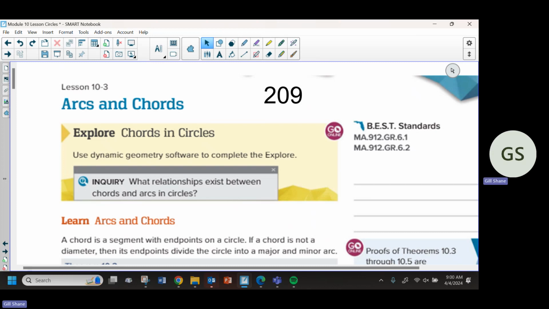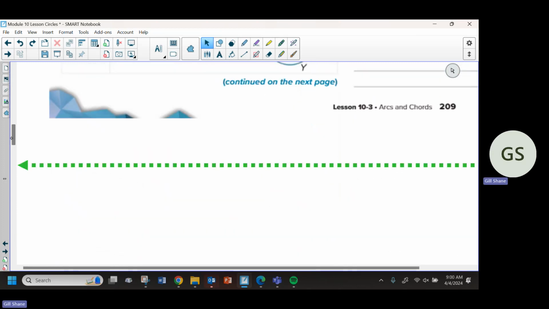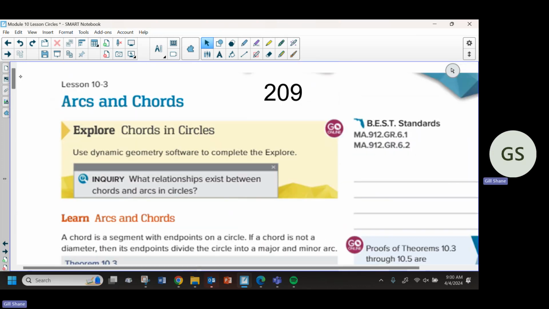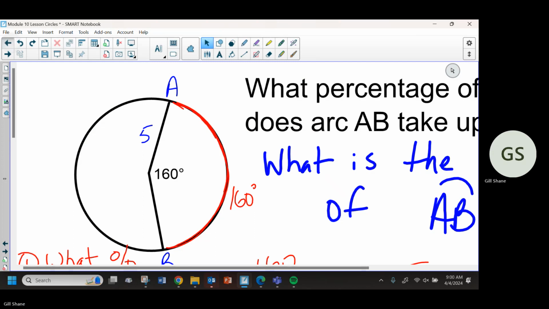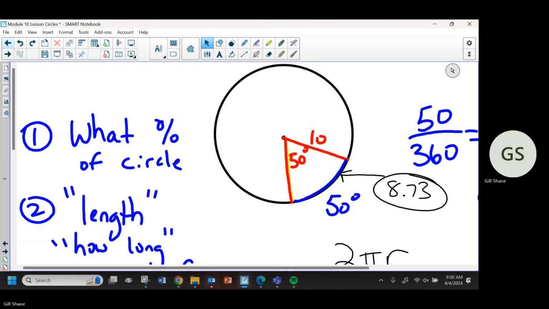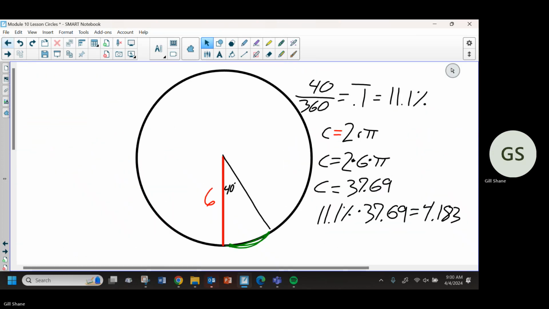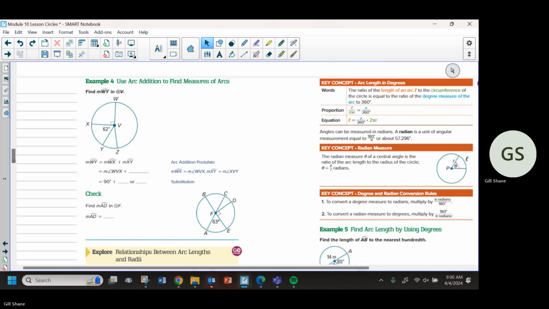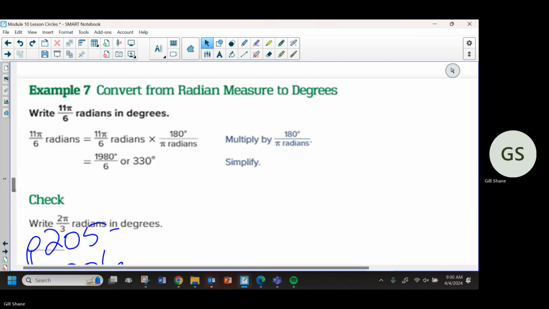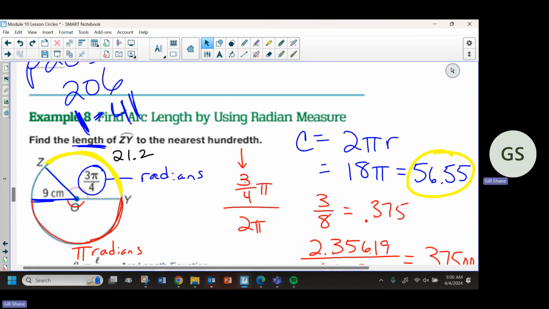I still have 3 minutes of class time, and then, like I said, if you don't get done, I can send an email. That's why it's in your last one. 205, 206.